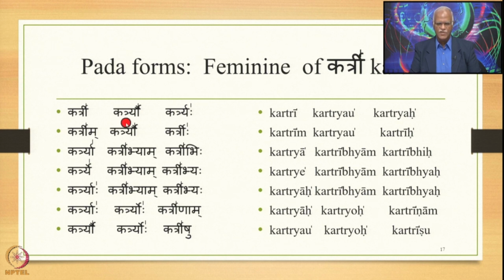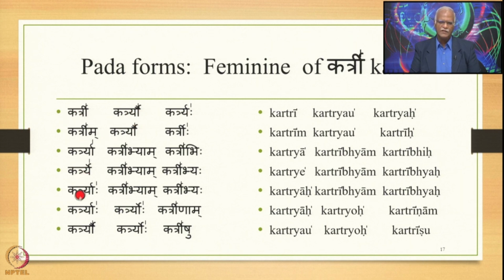Udatta Yano Hal Purvat obviously has no scope over here, and Udatta Swaritayor Yanaha Swarito Anudattasya does not apply here, and so we don't get this Swarita as a Swatantra Swarita. This is a Swarita, but this is primarily an Anudatta which comes immediately after this Udatta, and therefore it is a Swarita.